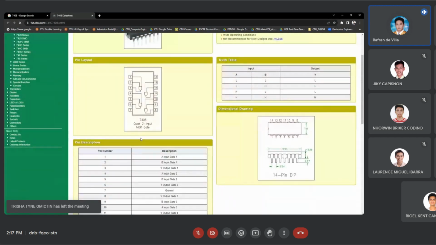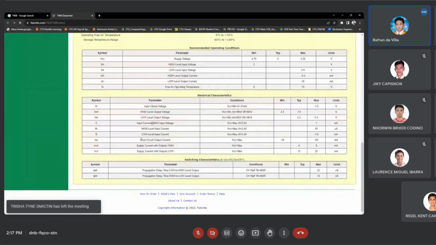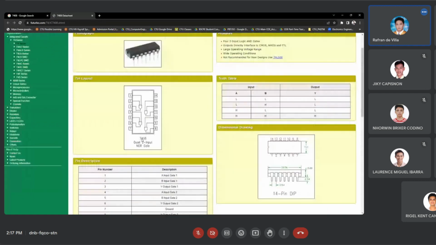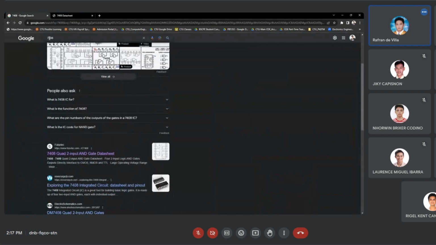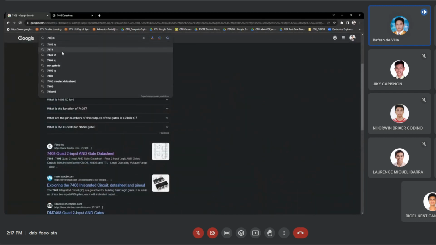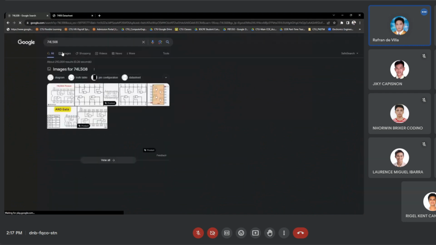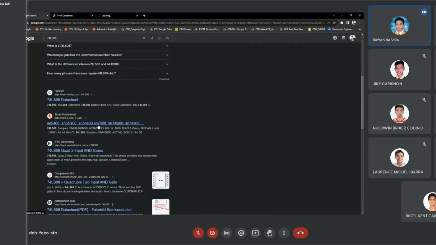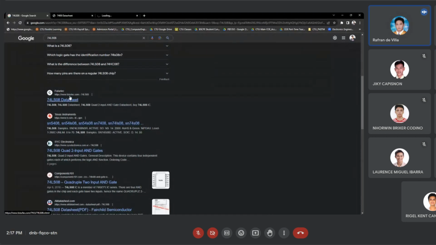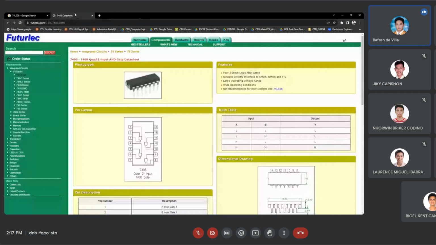There it is. Most of the ICs you use are from the LS series, right? Yes, sir. So let's try to get it directly from the manufacturer. This 7408 is from Texas Instruments.